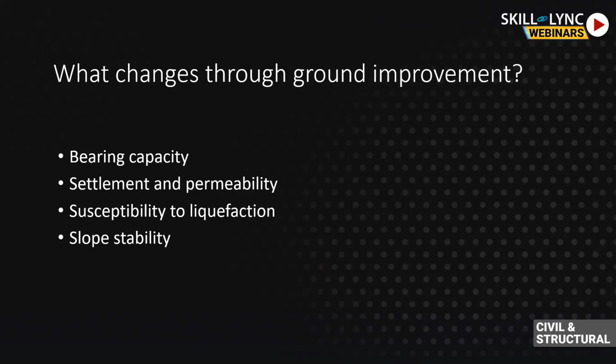Permeability is a property that in some cases we want to increase, and in some cases we want to reduce. Suppose we are planning a site for a landfill, we want an impermeable barrier so that the leachate, if it comes out of the landfill, shouldn't pollute the surrounding soil.